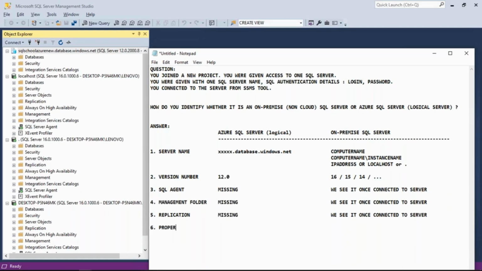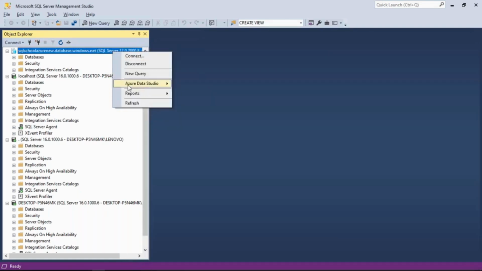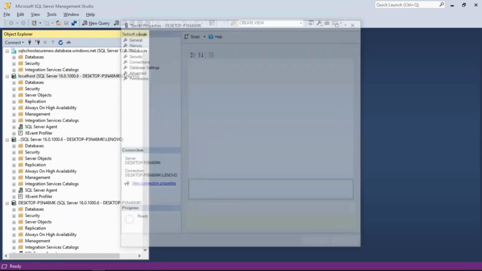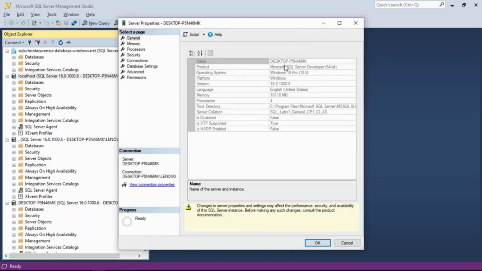Number 4, properties. I right click the server and there are no properties at all. Why? Stay tuned. How to get properties of the server then? Stay tuned for the next item. For now, right click properties of your on-prem server and we happily see the properties like this, including operating system.